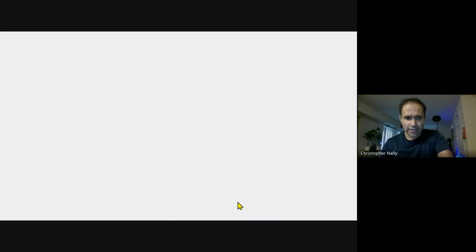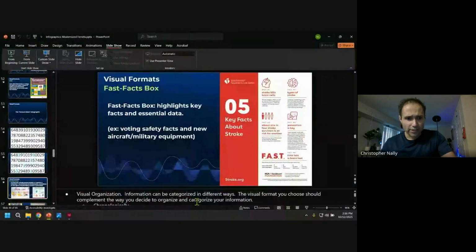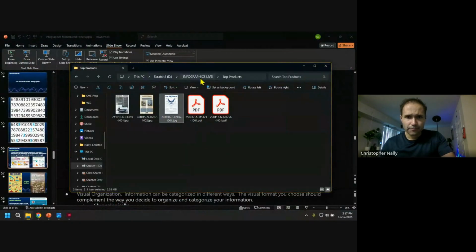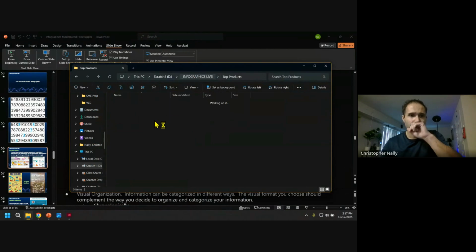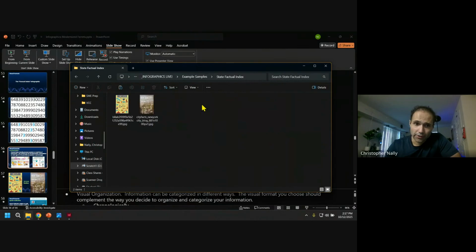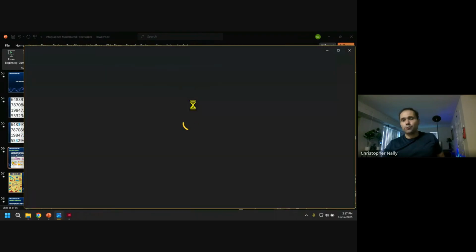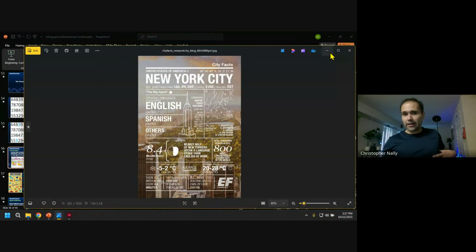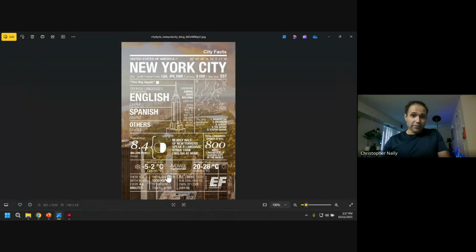And just to do a quick dive, let me show you a very good example of kind of a crazy factual index. So this one's on New York City, and it's definitely not the best.